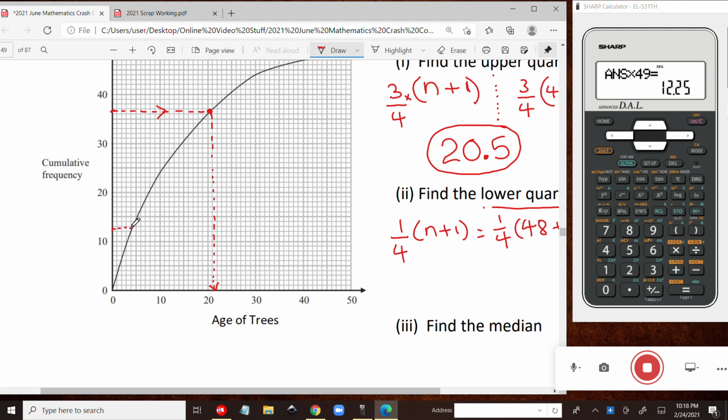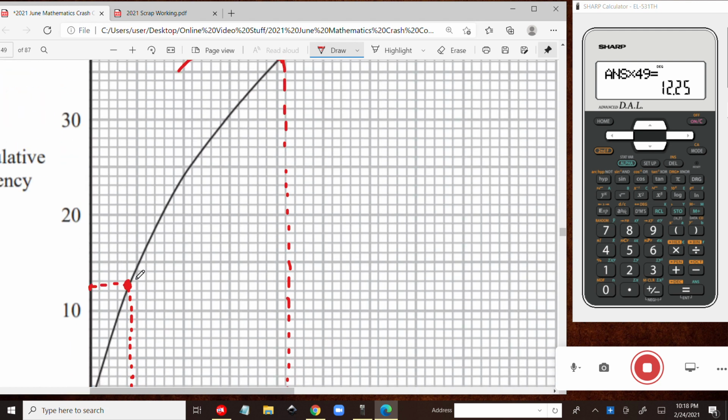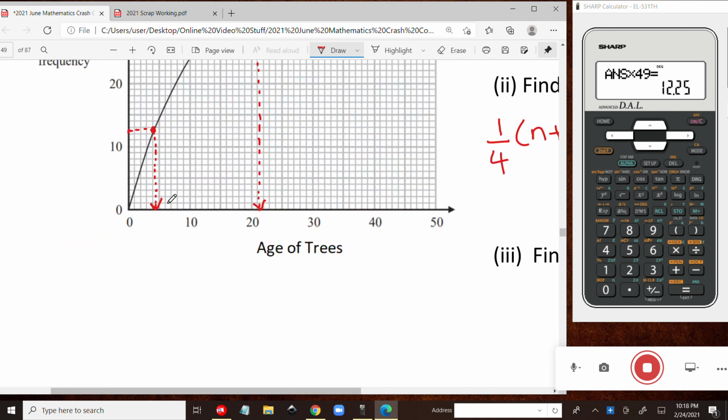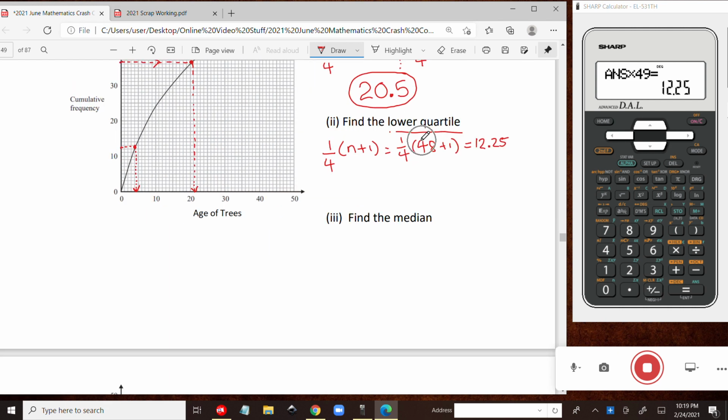We will come in contact with the curve. Wherever it hits the curve, drop it straight down. Let's see where this lands. Let's zoom in here a little bit. Here's 0, 1, 2, 3, 4, and 5. It's between 4 and 5, so we're just going to approximate it to 4.5. So the lower quartile is 4.5.